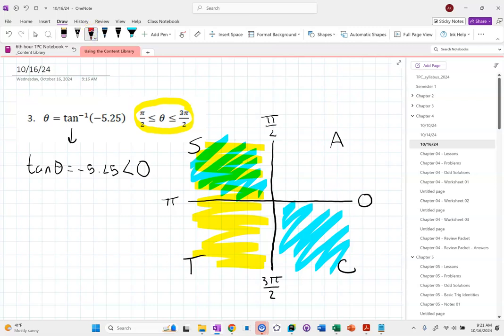So far, so good. What this tells me then is the terminal side of my standard position angle needs to lie somewhere here in quadrant 2, because that's the place where I'm between pi over 2 and 3 pi over 2, and also tangent is negative. So this is what my solution looks like visually.